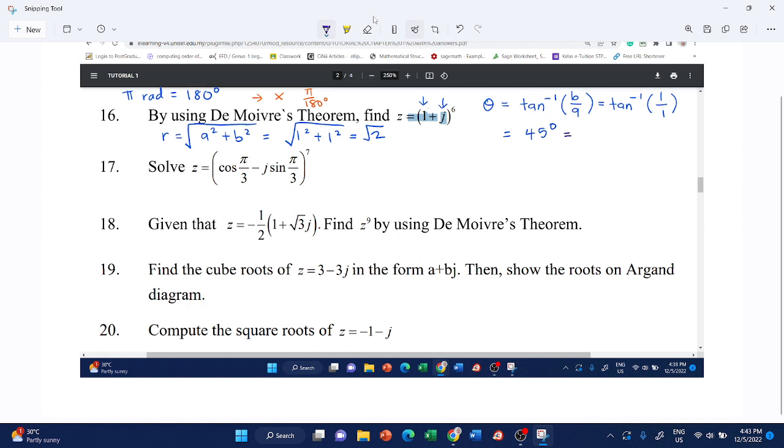Can we have it in pi as a fraction? When you want to convert, you just multiply by this, so you get the answer in radian. You will get pi over 4. Do you get that one?